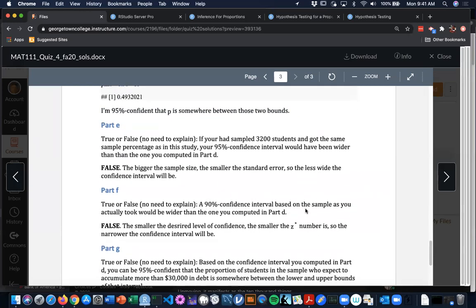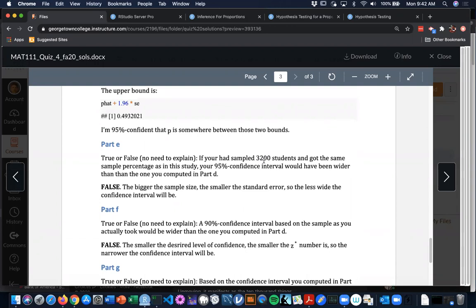Part E, true or false: if you had sampled 3,200 students and got the same sample percentage as in this study, your 95% confidence interval would have been wider than the one you computed in Part D. Well, let's see. If I'd sampled 3,200 students, that would be a bigger sample.